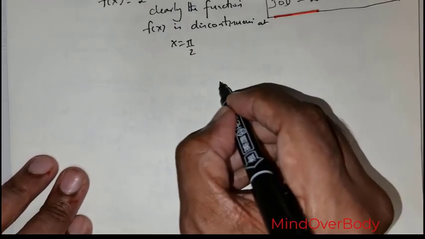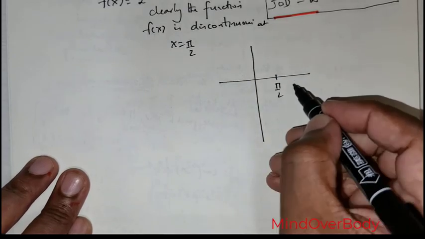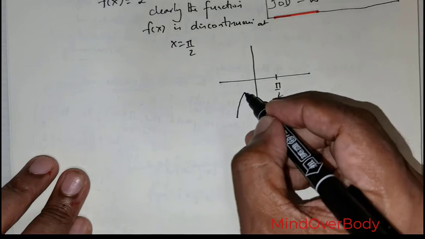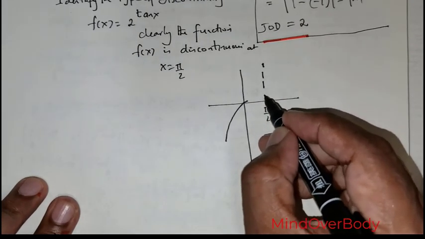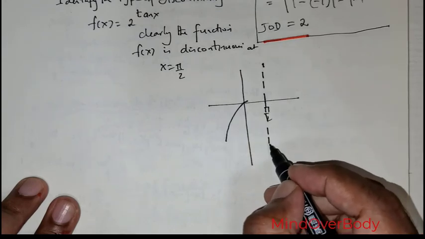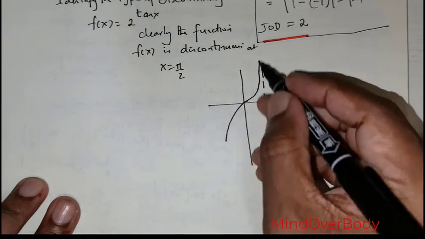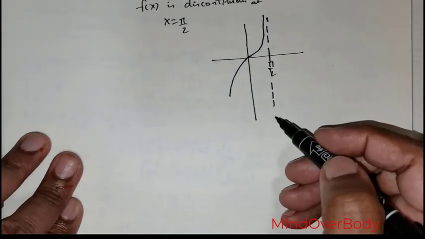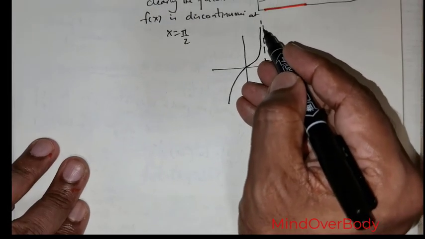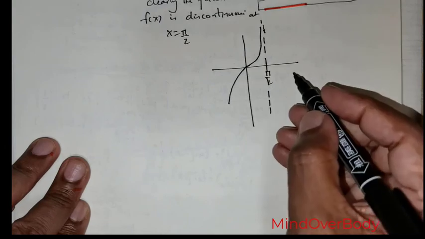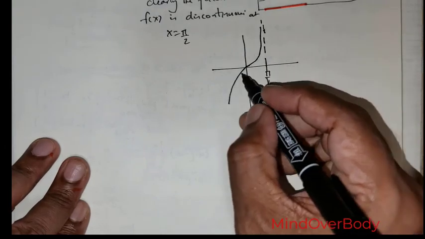So if you were to draw the graph, I want to show you how the graph looks. This is going to be pi over 2, and let me first draw the asymptotes. The graph will come like this and move up, so it will be an asymptote. Clearly you can see that at pi over 2 the graph is heading towards infinity. This is the left hand side.